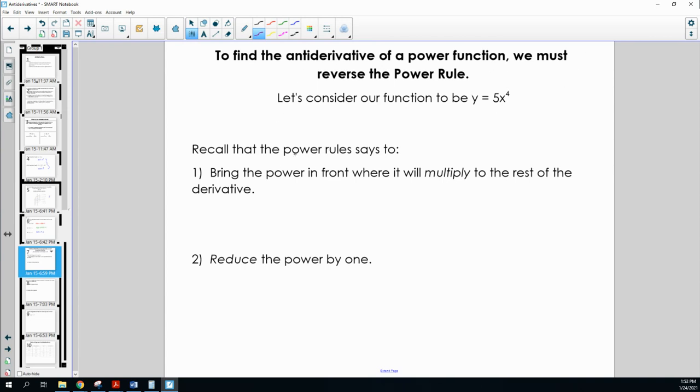The power rule says to bring the power in front, where it multiplies the rest. So with 5x to the fourth, I bring the 4 down to multiply by the 5, and then I reduce the power by 1. So I have 20x to the fourth, but then I reduce that 4 down to a 3, so it becomes 20x to the third.